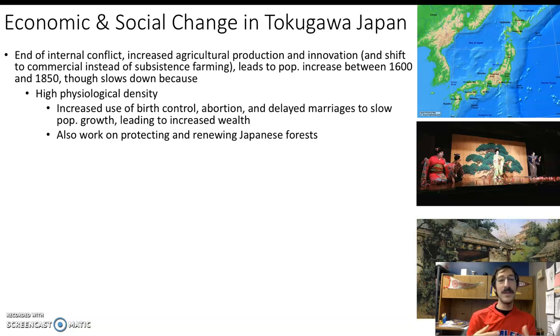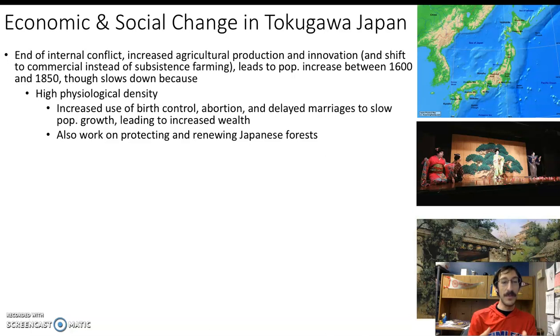So what they advocate for is increased use of birth control. They actually do promote, or I don't know if promoting is the right way to say it, but there is an acceptance of abortion, again to limit population growth, as well as delayed marriages, since the later you marry in life, the fewer kids you're likely to have.